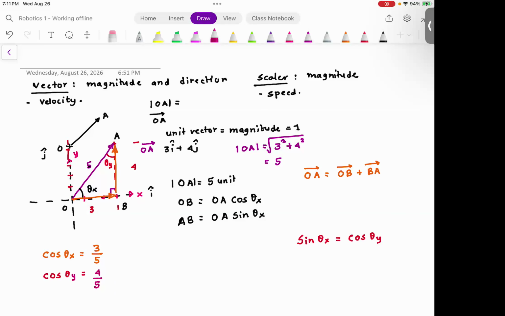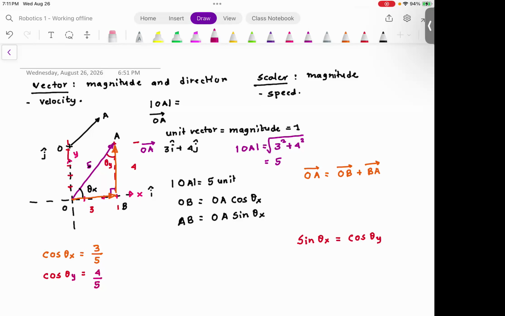Now, I want you to notice that if I want to go from point O to A, the conventional method is go from O to B, turn 90 degrees, and go from B to A. Travel from O to B, turn and go up to A. However, some of you may say, why don't I orient myself in the direction of OA and just walk 5 units?